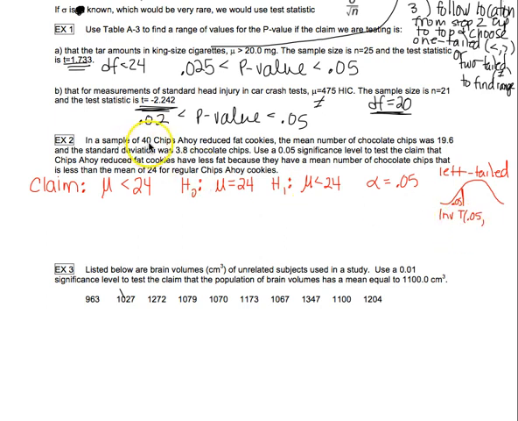So my sample had 40, so that means my degrees of freedom would be 39. So inverse T of 0.05 with 39 as my degrees of freedom gives me T equals negative 1.68. So this is my critical value, which I'll need if I'm using that method. So here's my critical value.